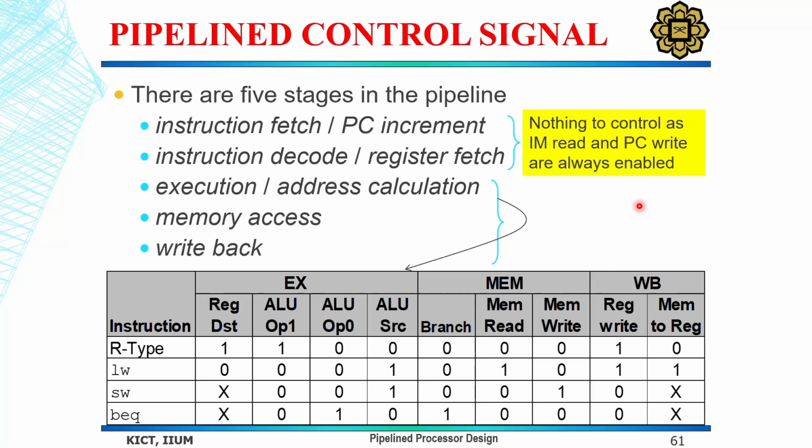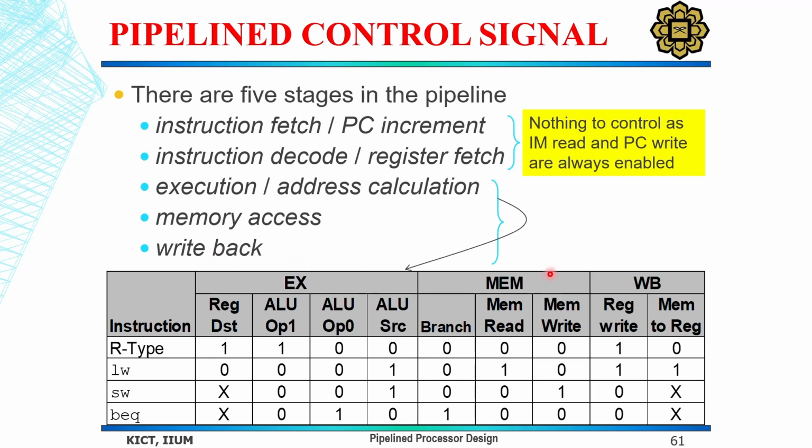It shows the control signal table for the pipeline processor, and this is one of the most important slides for understanding how control works in a pipeline. So we review the 5 stages, which are instruction fetch and PC increment, instruction decode and register fetch, execution and memory address calculation, then memory access and write back.